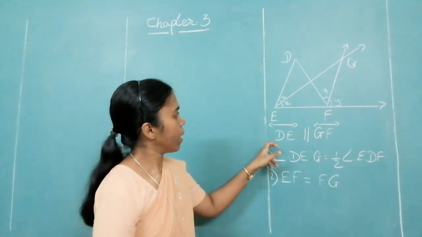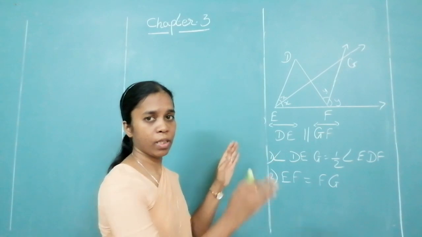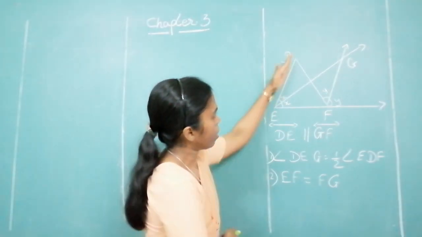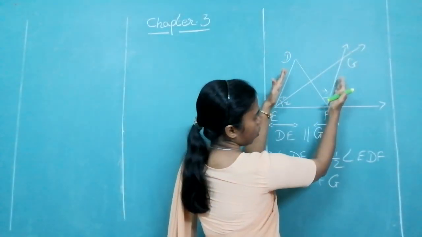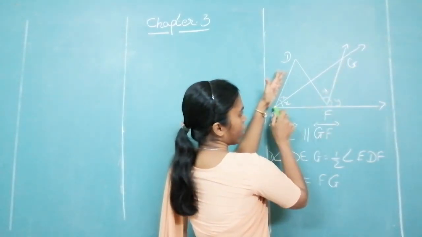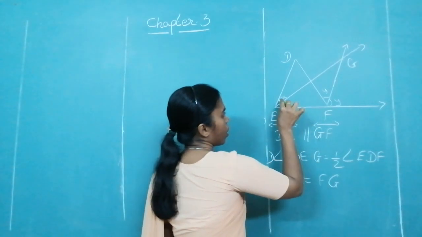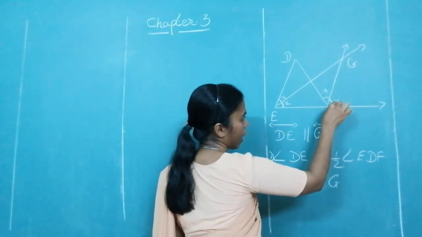We are given that line DE. Now, in this case, to understand this question, please try to understand the diagram first. DE, this line and this line are parallel. These two are parallel. And if these two are parallel, this is your transversal. So can you say something about this angle and this angle?